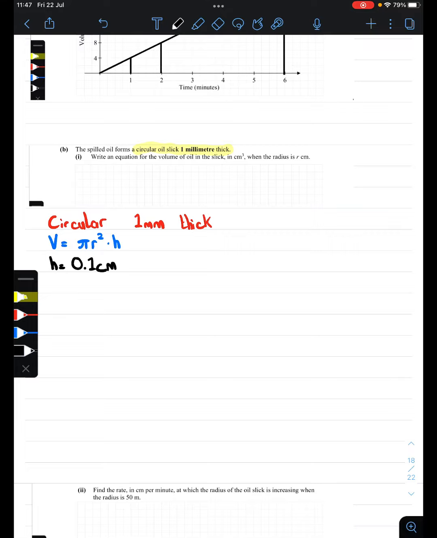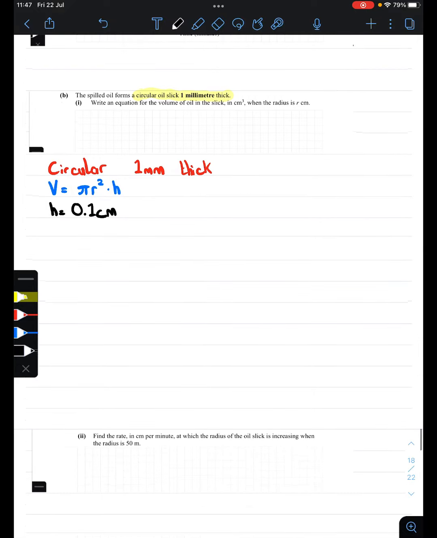And remember, we're working in centimeters. And so the volume would just be pi r squared over 10 centimeters cubed.